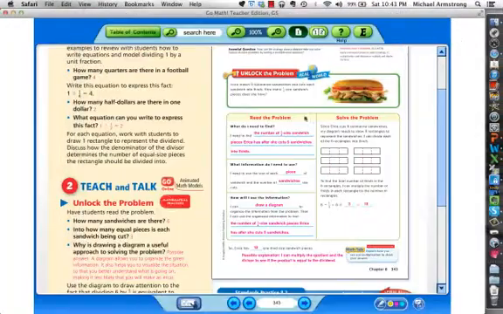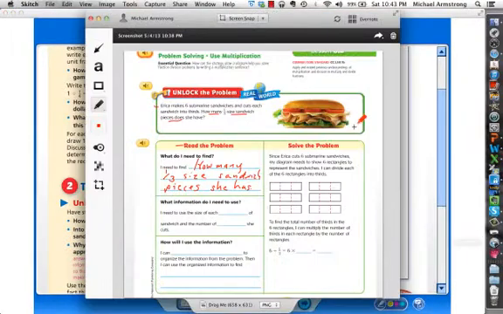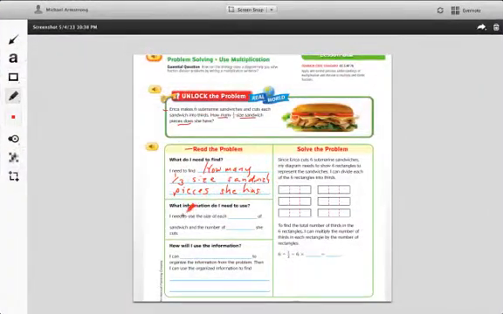Let's check: the number of pieces of sandwich and the number of sandwiches she cuts. You have to write really small here. And how will I use the information?